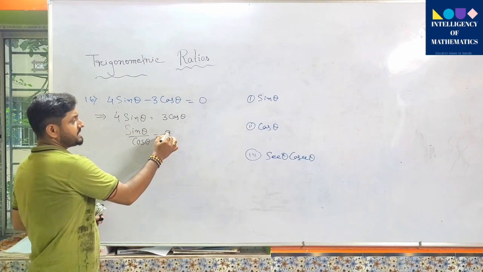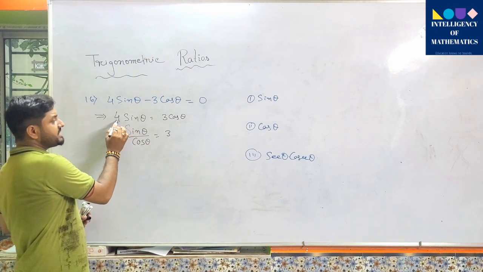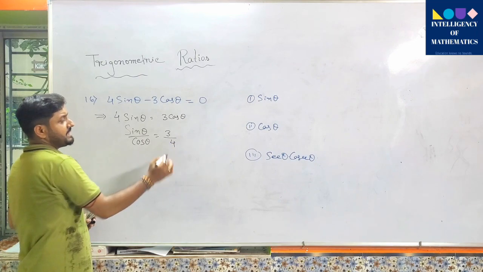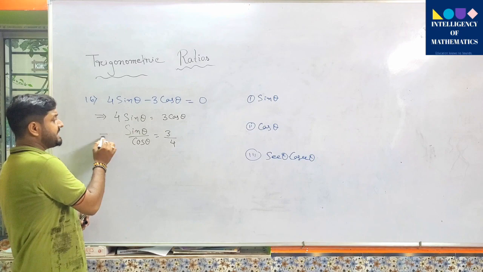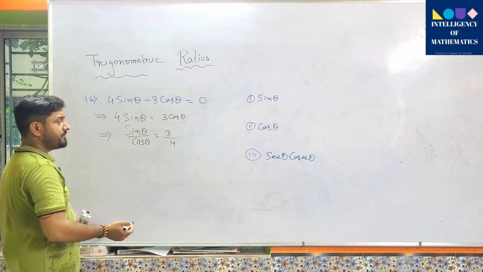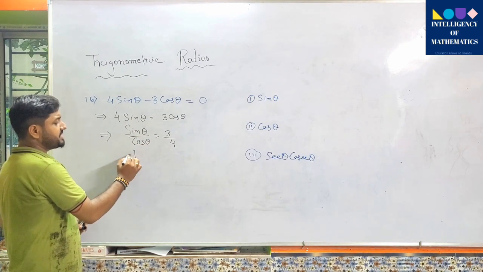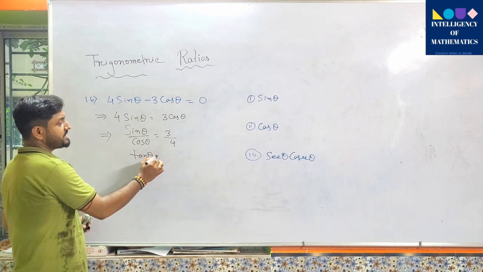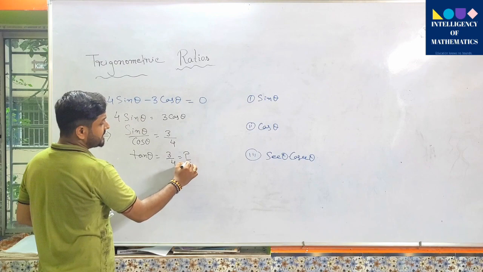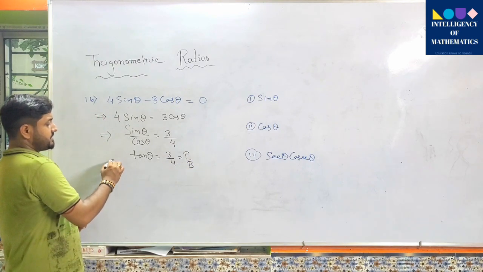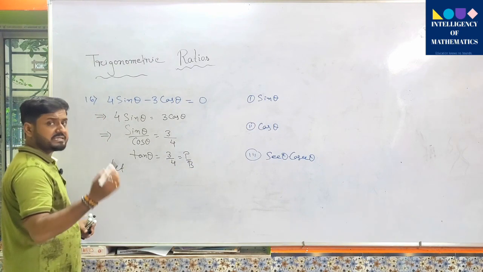What is left? Here 3, here 4 was there. I will shift that crosswise. So we'll get sine theta by cos theta is 3 by 4. We know sine theta by cos theta is tan theta. Tan theta's value 3 by 4 we will consider as perpendicular by base, and the remaining process is the same as the last one.